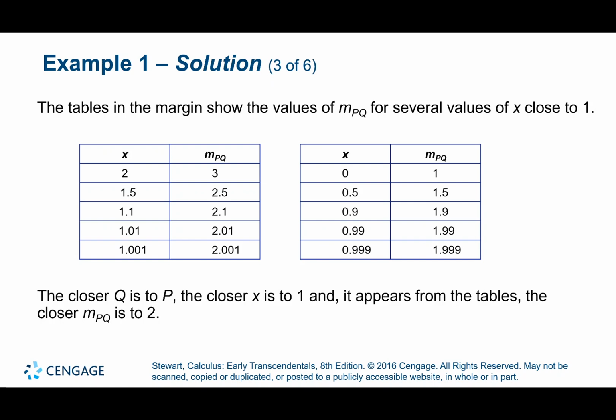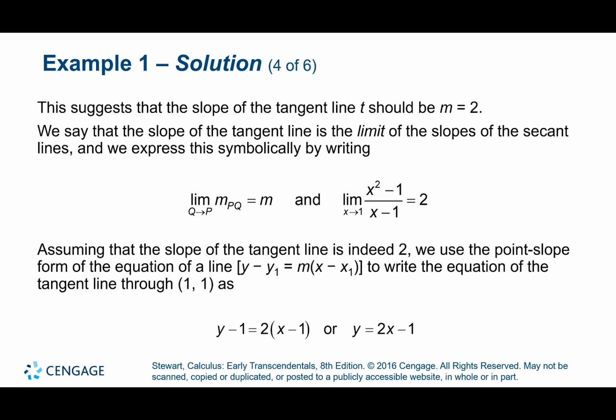And these are smaller values, smaller than our x-coordinate of 1. So as we come in from the left side, our pattern shows us we're getting close to 2. So we can say this, and we can tell the slope of the tangent line should be right at 2.